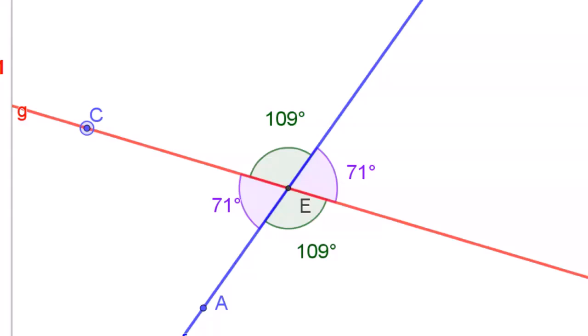Look at the blue line too. When you observe the blue line, 71 and this angle also lie on a straight line. The angle here 71 and 109 also lie on the straight line, and also they add up to 180. So that is what we call vertically opposite. So 109, 109, they are vertically opposite. 71, 71 are also vertically opposite.